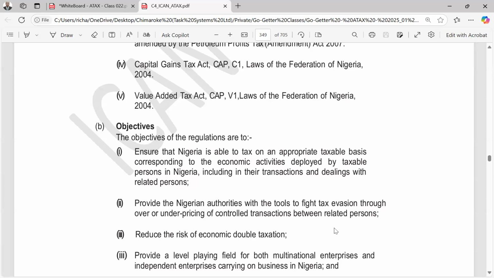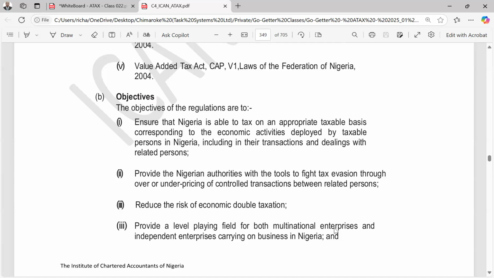Now, it also reduces the risk of economic double taxation. It also provides a level playing field for both multinational enterprises and independent enterprises carrying on business in Nigeria. So independent enterprises could also be local players. Multinationals could be global players.